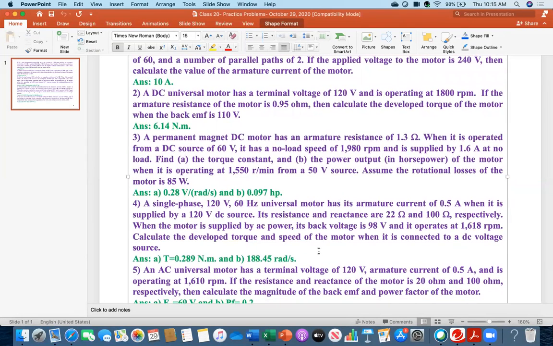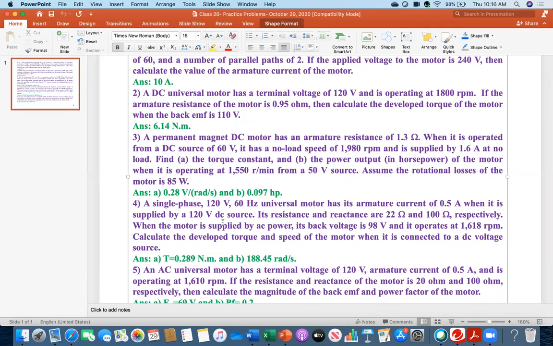I wanted to ask about the formula from last class for universal motors. We have EAC over EDC is equal to omega AC over omega DC. For EAC, should we be using the peak value of 120 volts? That 120 is the RMS value actually.